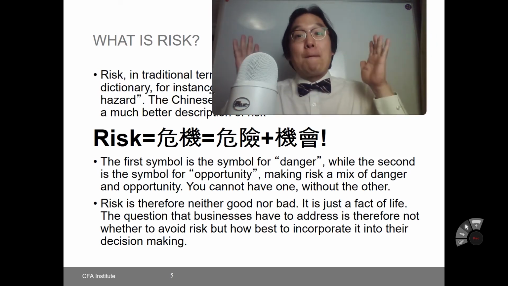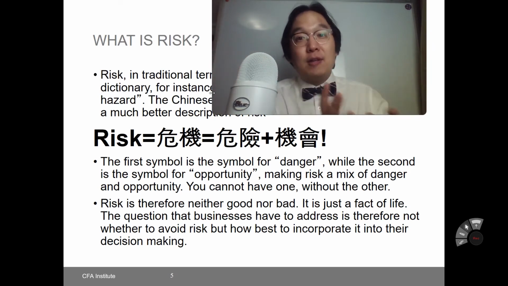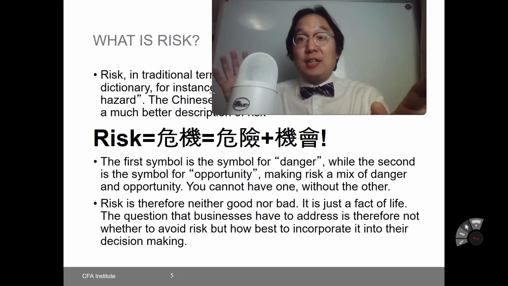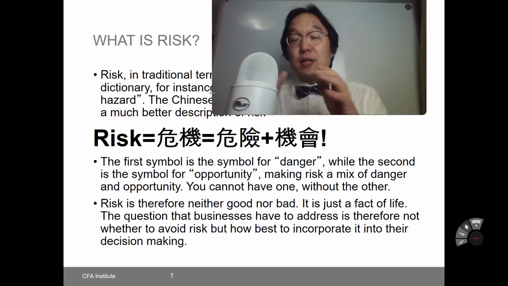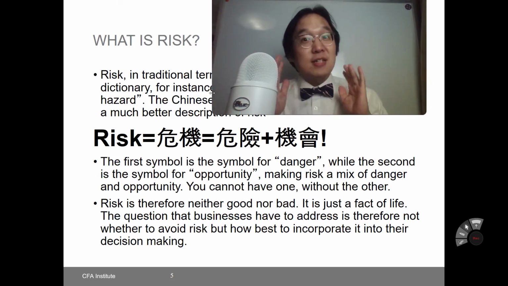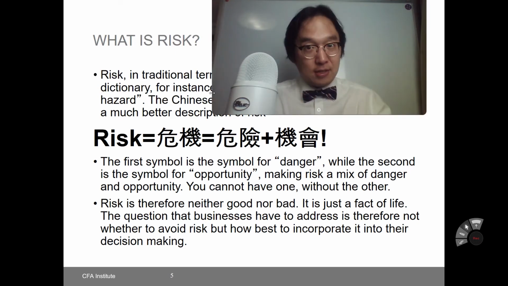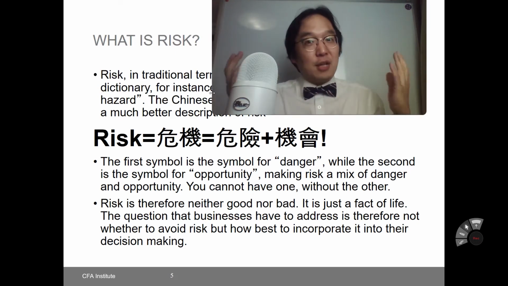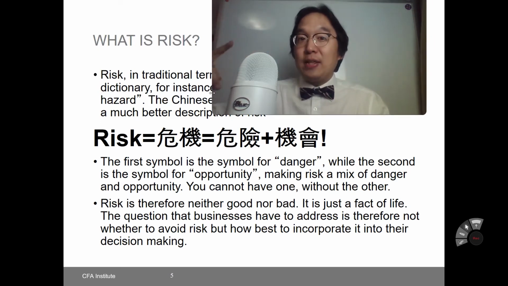So the important thing is that risk is not just a negative story. It's about the positive and negative side at the same time. This is a very important distinction that you have to make. This really separates the finance guy from the non-finance guy. Risk is always like a double-edged sword, up and down.